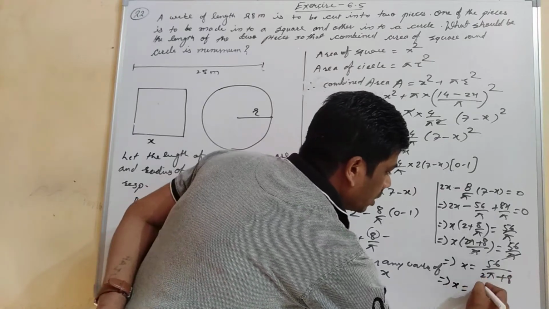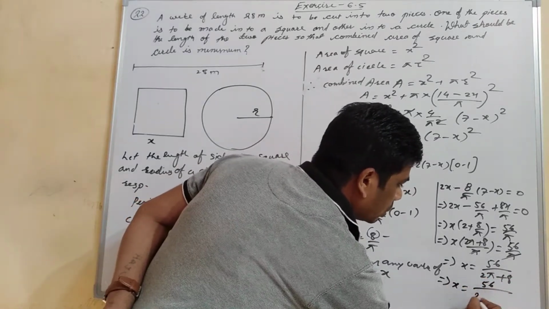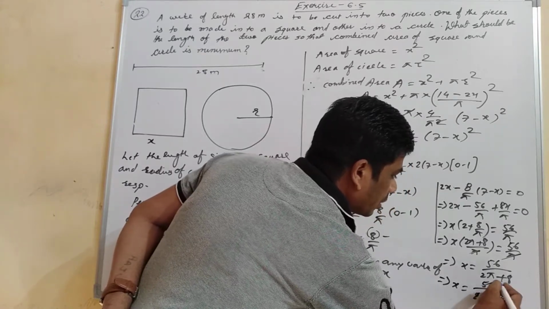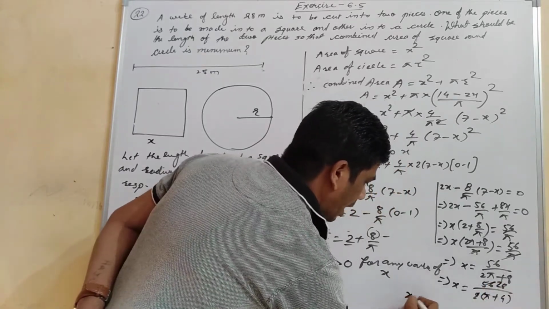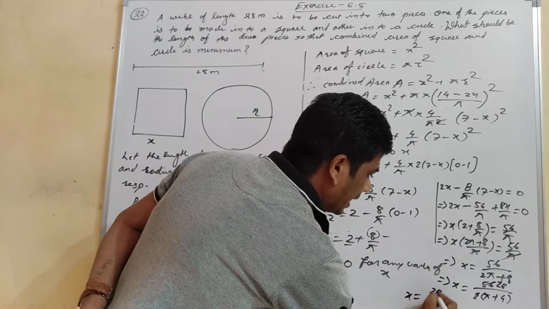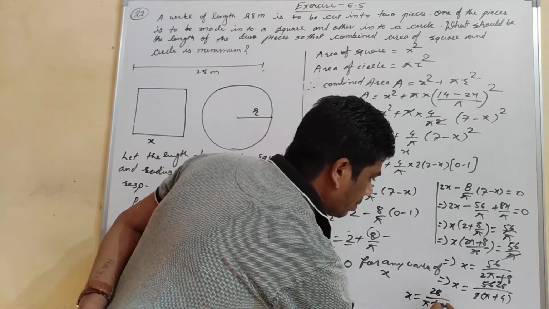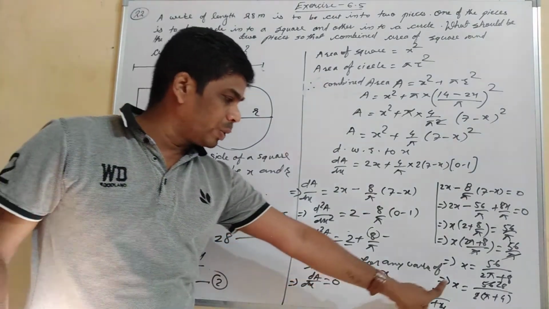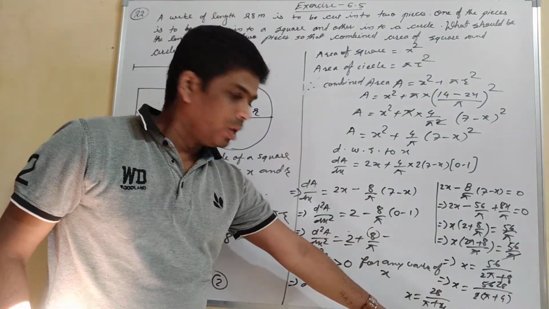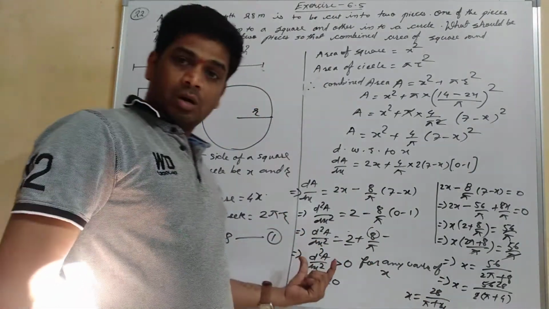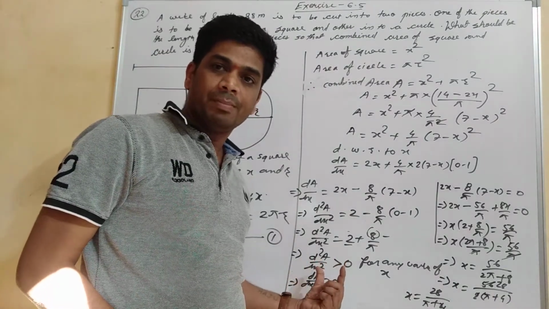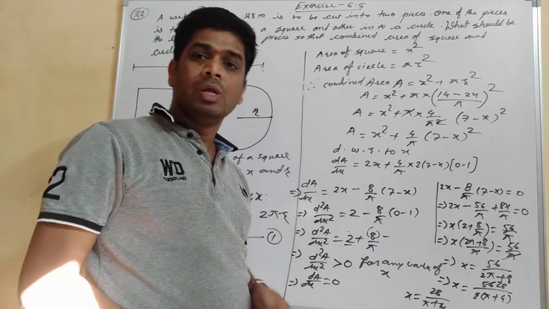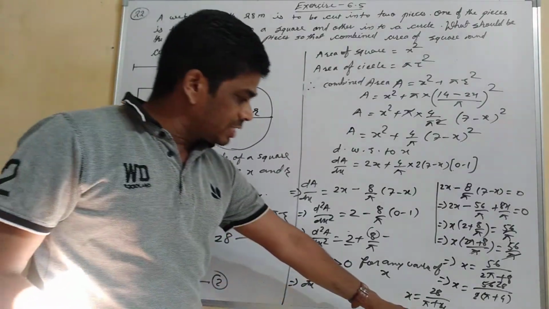So it will be 56 upon 2 (pi plus 4). So 28, means x value will be 28 upon (pi plus 4). So for x equal to 28 upon pi plus 4, this area will be minimum. Why? Because you got the second order derivative positive. So x you got this.